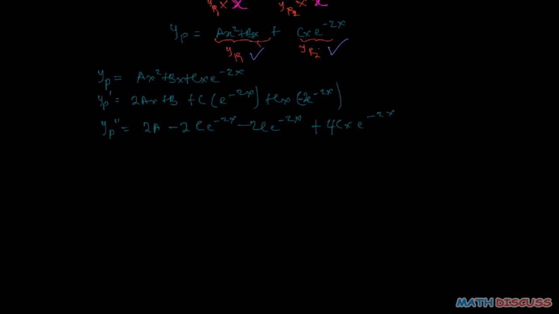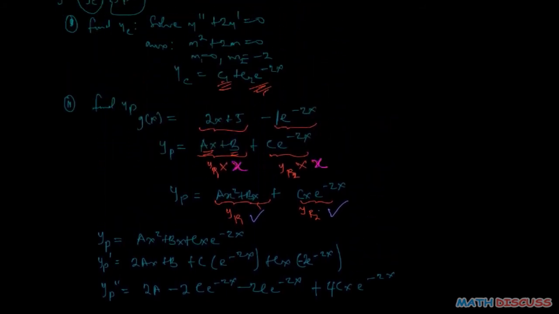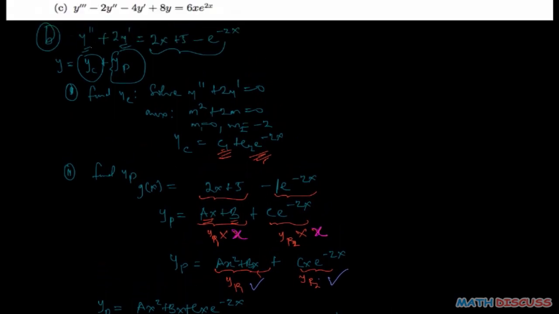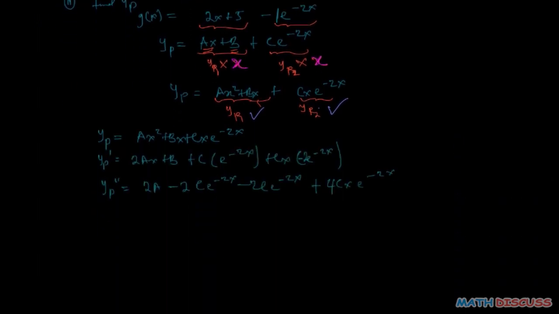Alright, now we already have that. Now the next thing is we want to substitute it into what we have here. So I want to make a substitution here, so I'm going to use that DE.